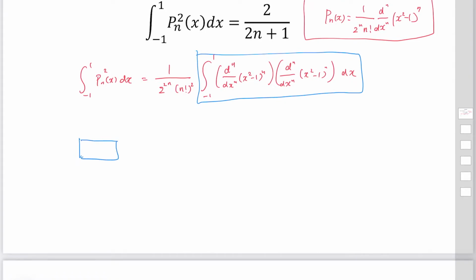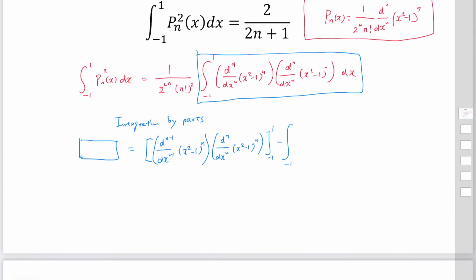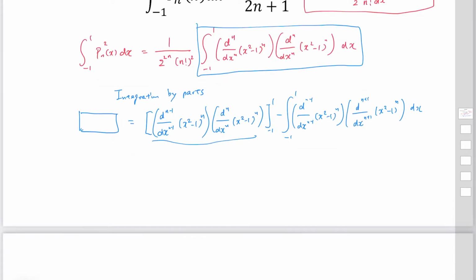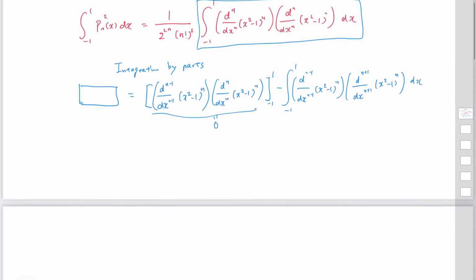We apply integration by parts many times. The first case gives the n minus 1 derivative times the n-th derivative, minus the integral of the n minus 1 derivative times the n plus 1 derivative. Then the first term is exactly equal to 0.